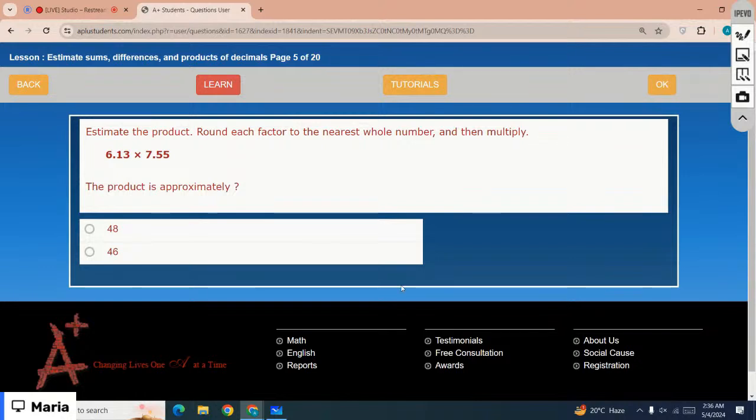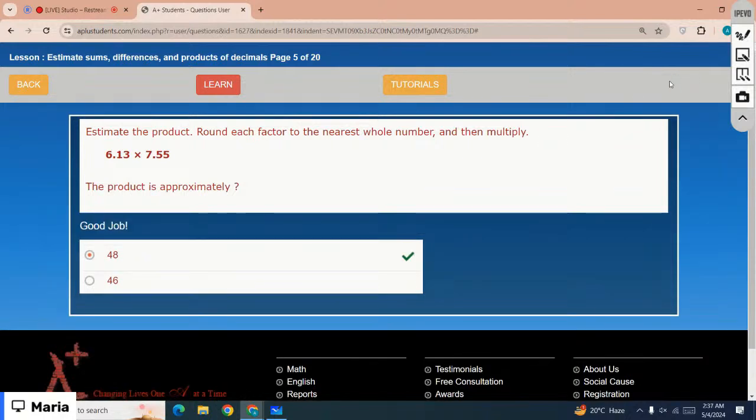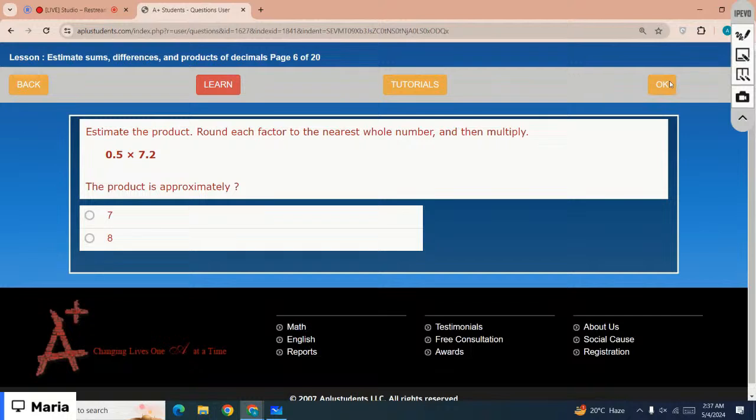Option number 1 is the correct option, right? The correct option is 7, it is.